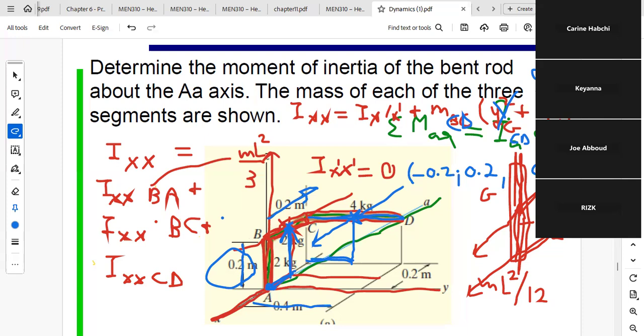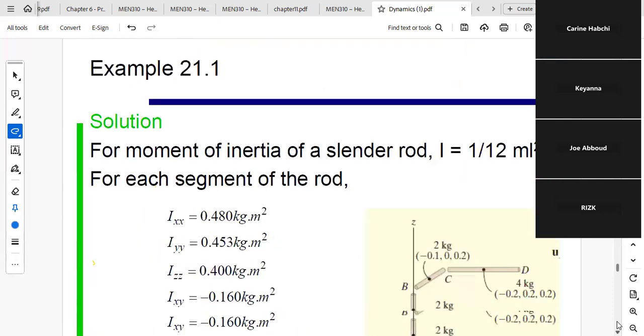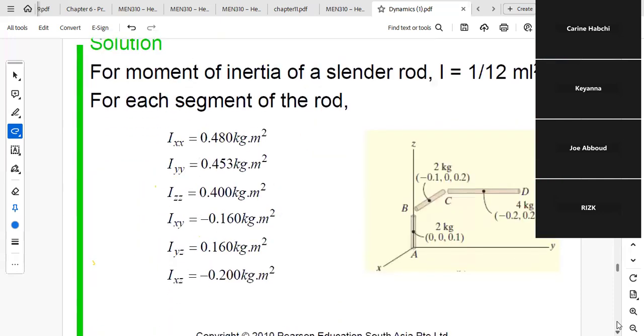So now all I have to do is to replace in the formula to get Ixx of CD. And once I have the three inertias, I will sum the three of them to get the total Ixx for this body. So I should do the same to evaluate all my terms: Ixx, Iyy, Izz, Ixy, Iyz, and Ixz.